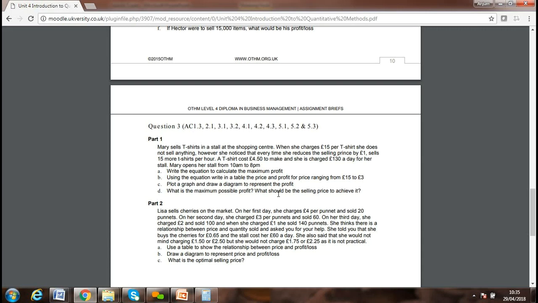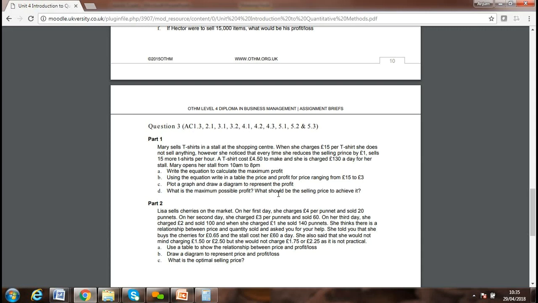A t-shirt costs £4.50 to make, and she is charged £130 a day for her stall. Mary opened her stall from 10 till 8 p.m. So how can we calculate the profit? Profit again would be sales minus total cost. So what will be the total cost in this?